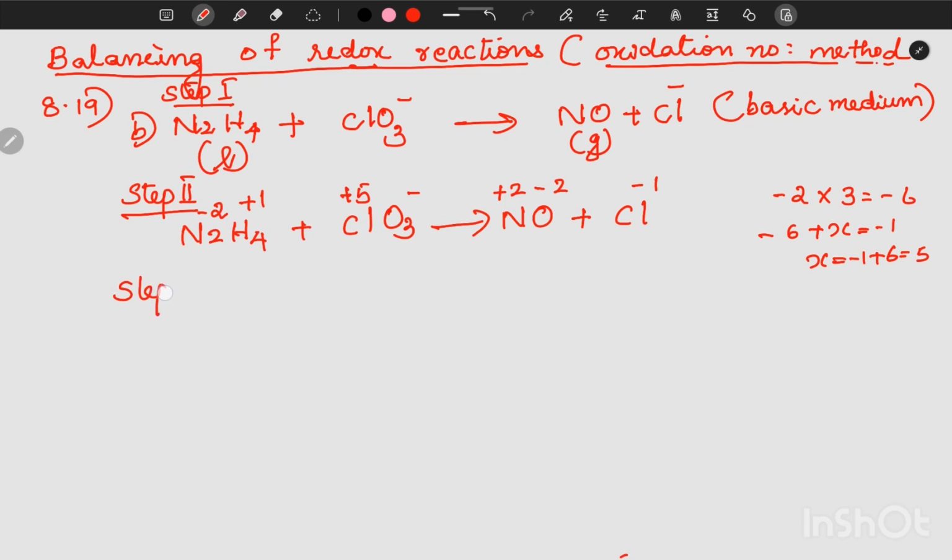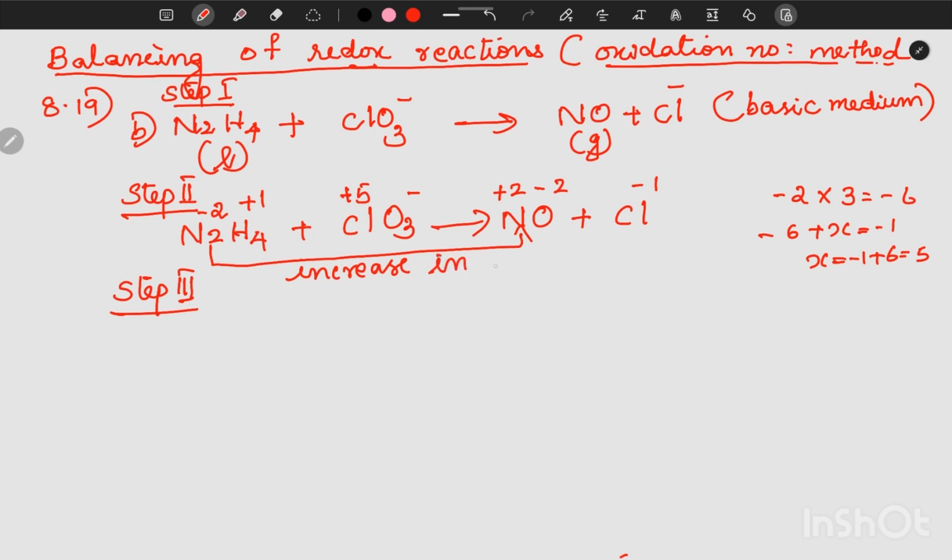Now step 3, find out the increase and decrease in oxidation number and make them equal. For that, let us go to step 2. In step 2, one nitrogen atom, its oxidation state changes from -2 to +2. You can see an increase in oxidation number.